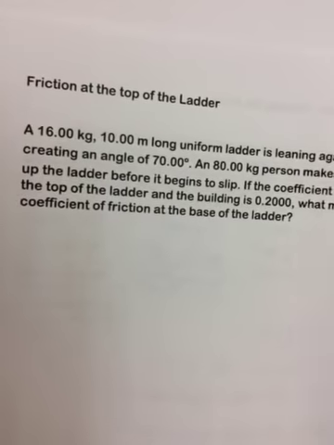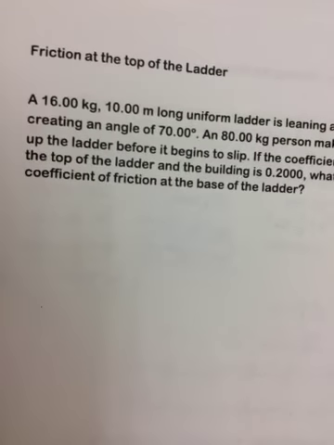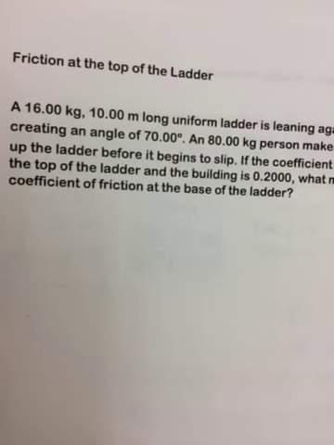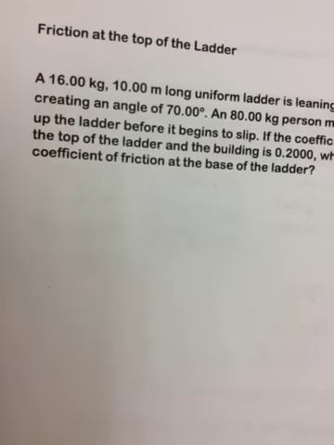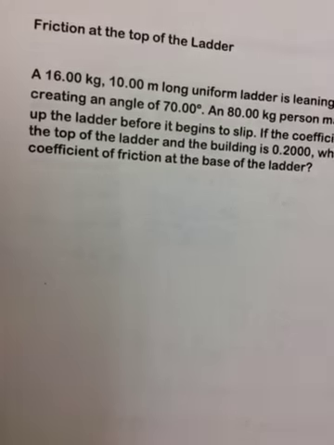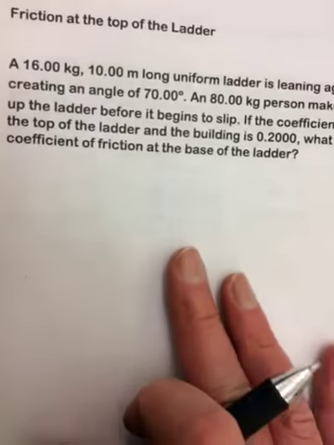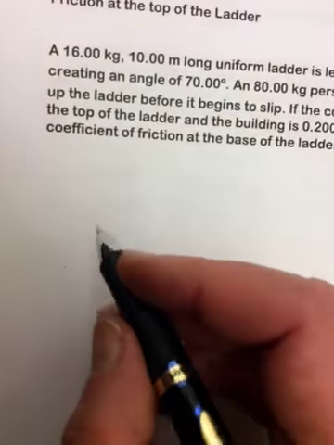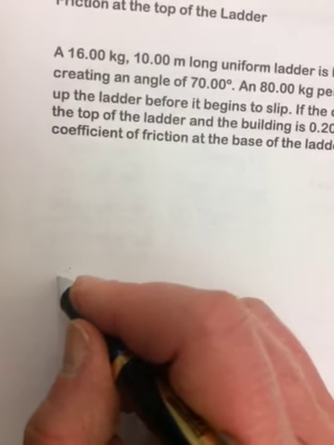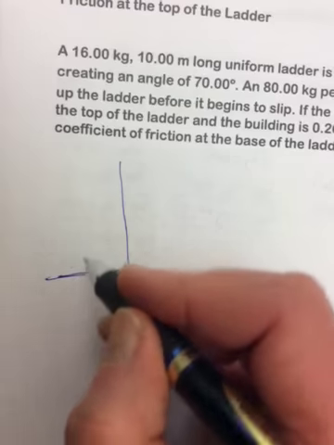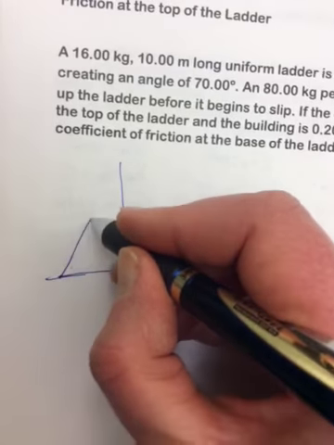All right, the last thing I wanted to talk to you about with these questions, and then in the next video I'll talk about the lab a little bit, is the back side of the sheet I gave you, which is friction at the top of the ladder. So only after you've mastered the mass ones, then I want you to just try this one. We will do it together in class because it's really easy to get stuck in an endless loop.